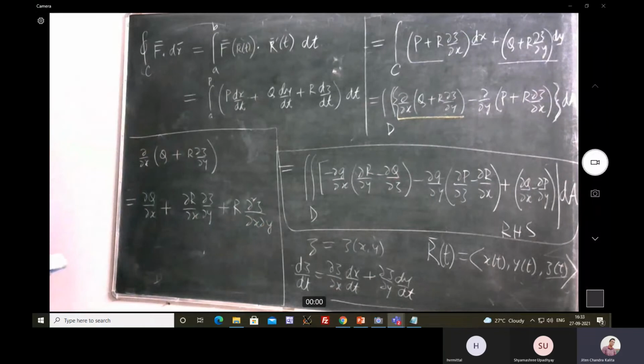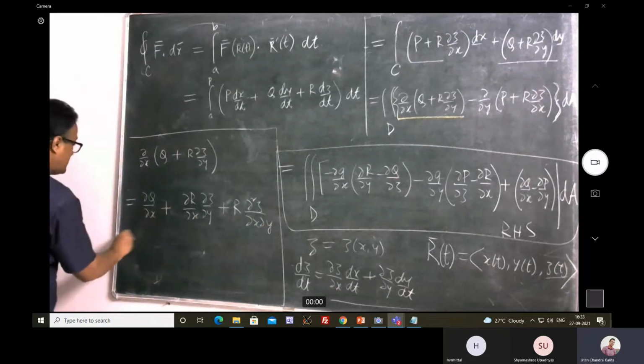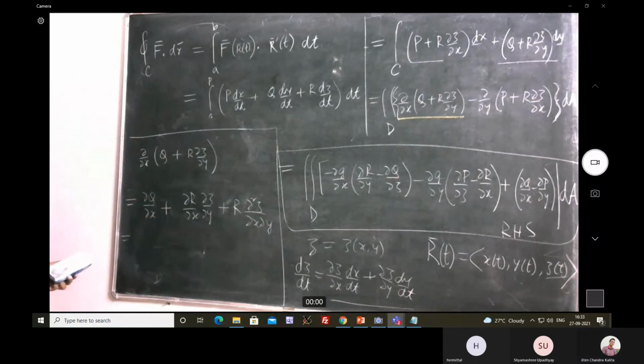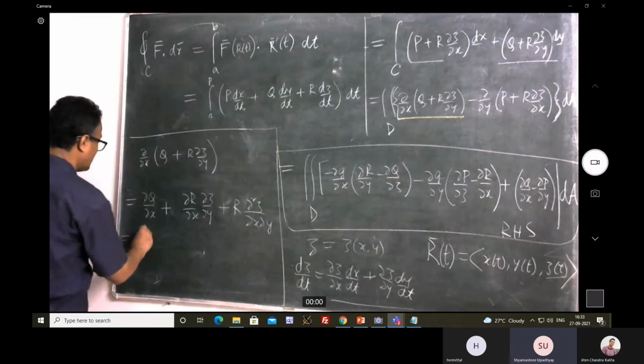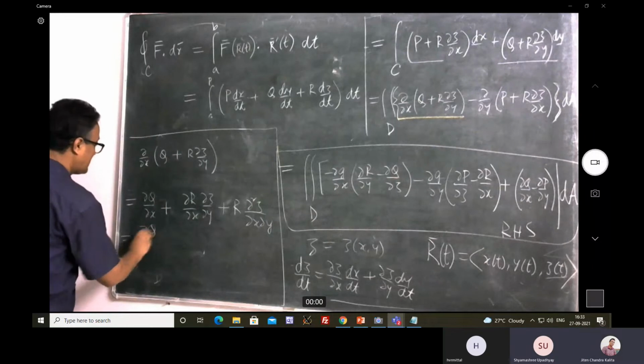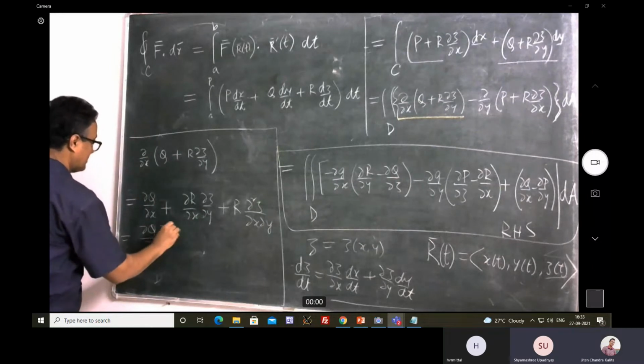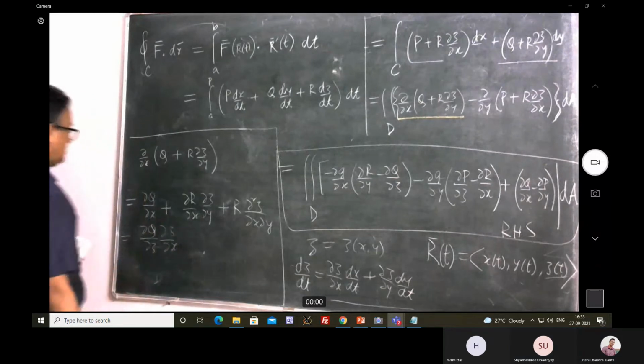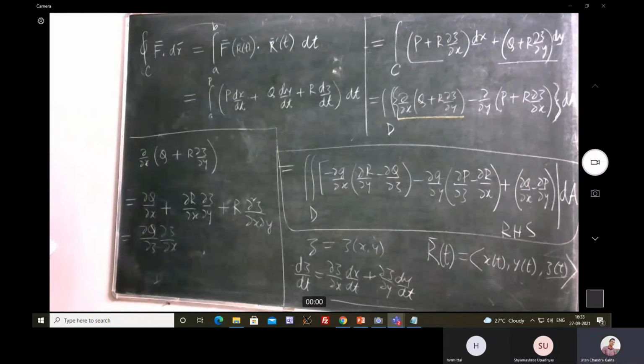Fine. Okay. So now this del Q del x, Q is a function of x, y, z, again z is a function of x and y. So that is why this is going to be what? Del Q del z times del z del x.